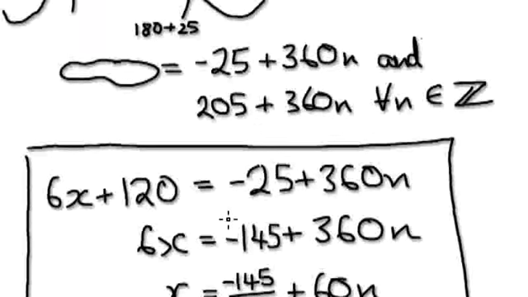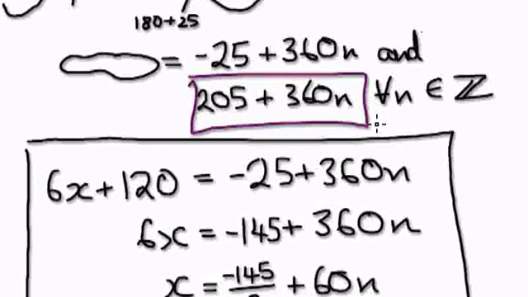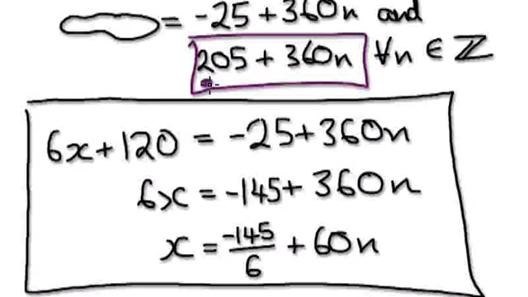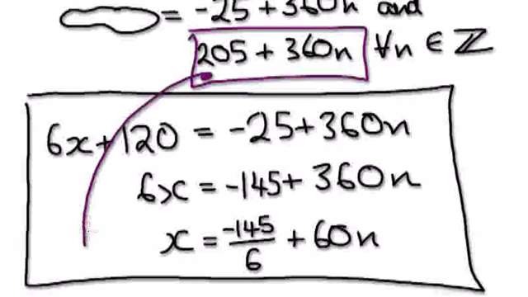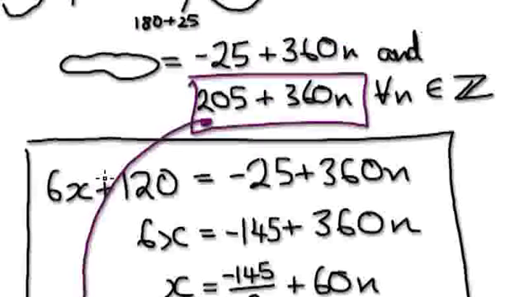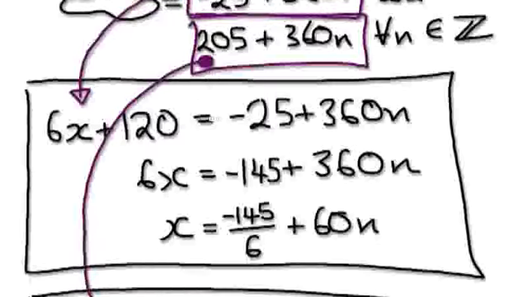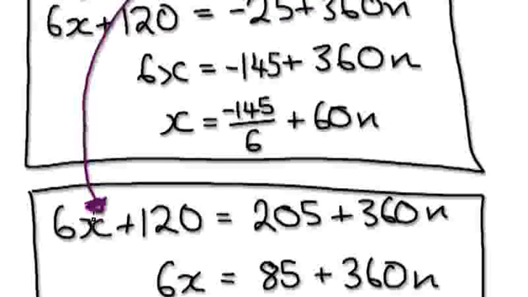Now looking at the second set, it is down here. So this first set of solutions is this box here, and this box here is this one down here.